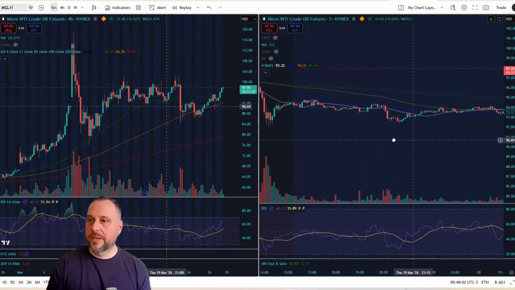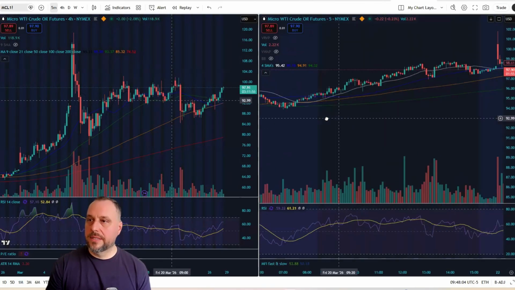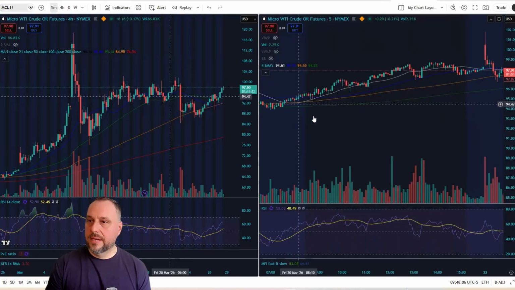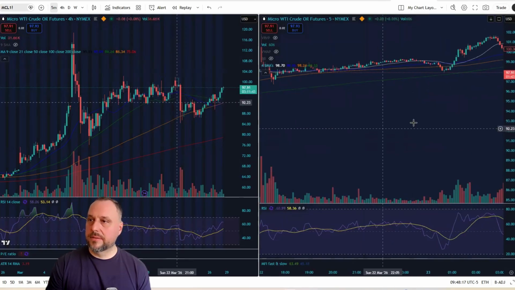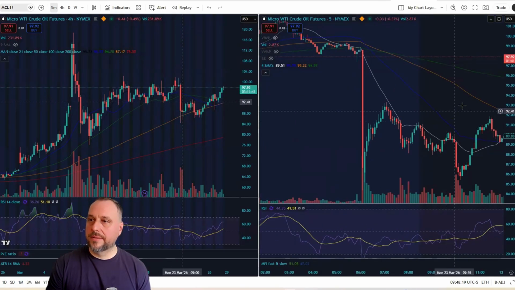So the 21 initially doesn't look great. Again, here, if you had got in the pre-market and rode this up, you would have got stopped out here, and the move actually went much higher. So I'm not liking that.